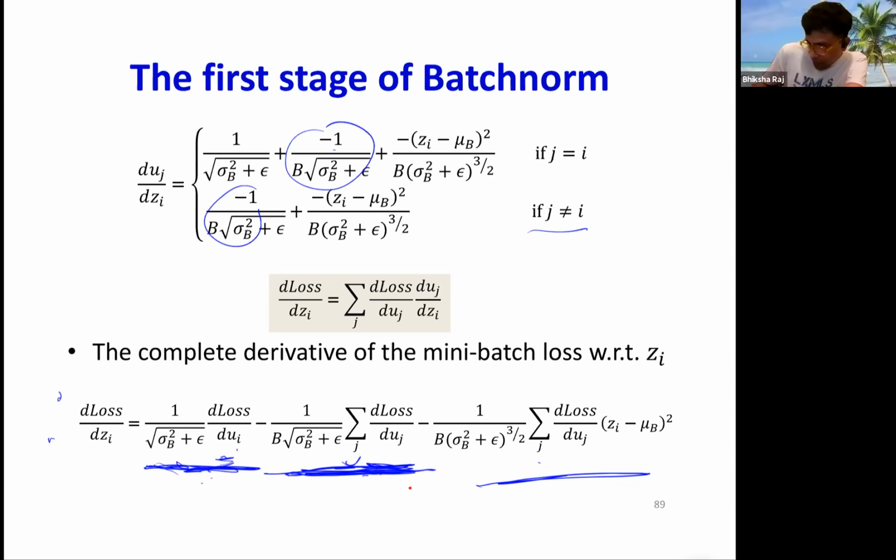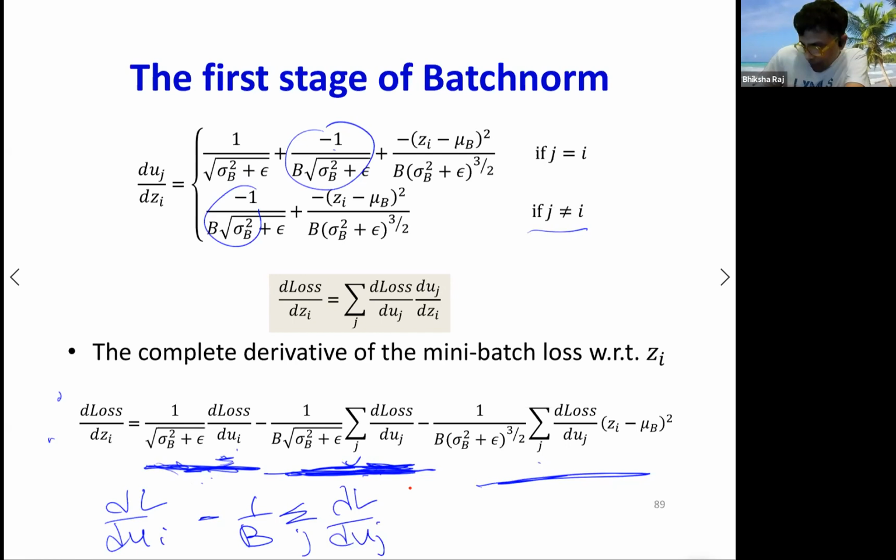So this is simply, ignore the scaling term. I can write this as dl over dui, right? And this is 1 over v summation j dl over duj. So now, if the mini batch consists of all identical samples, what will this term become? Anyone?